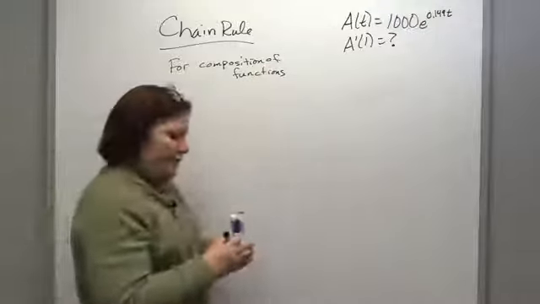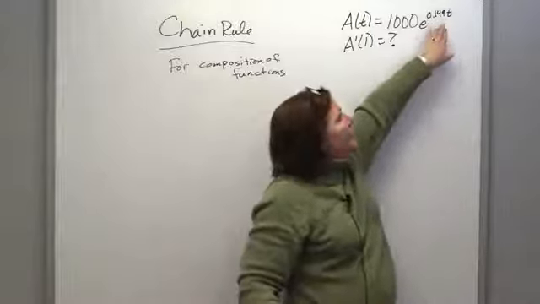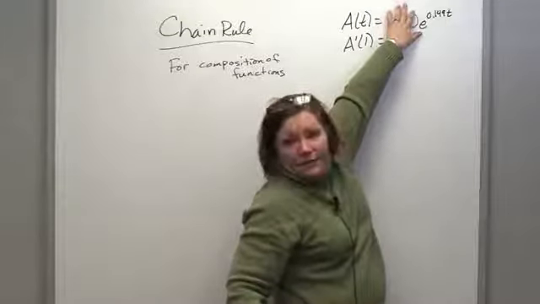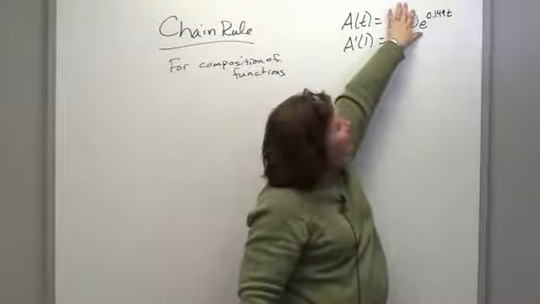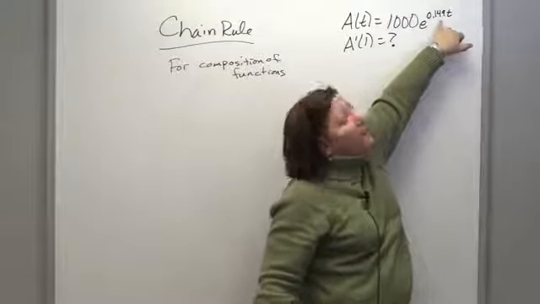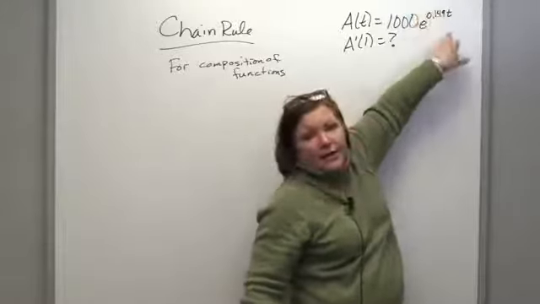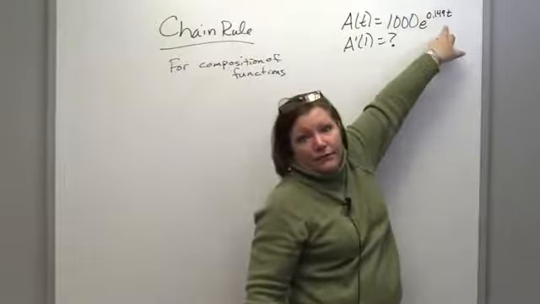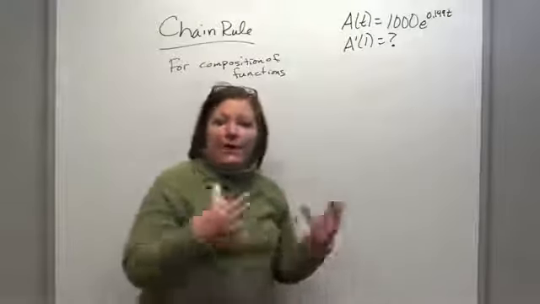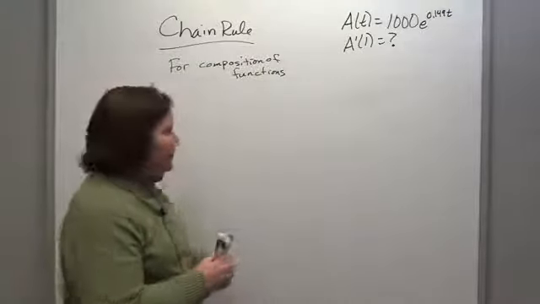So in this case over here, we have a composition of functions in that if we were to calculate it without the 1000, if we ignore the 1000 right now, just this is a composition of functions. First we have to multiply by 0.149, and then we take that answer and put that into the exponential. And we're going to see some other more complicated composition of functions as our examples for the chain rule too.